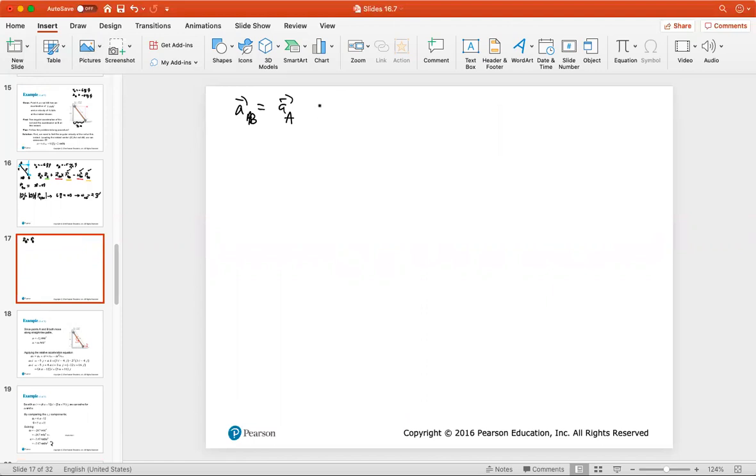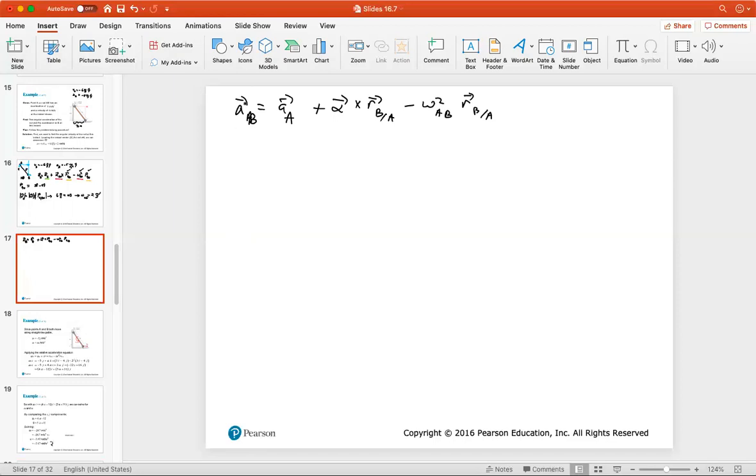Well, I'll just write the general expression first. Plus alpha cross R B relative to A minus omega AB squared times R B relative to A.